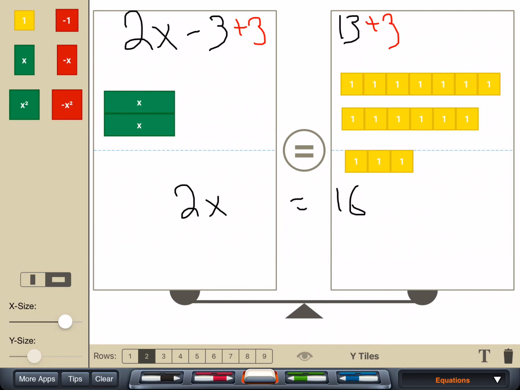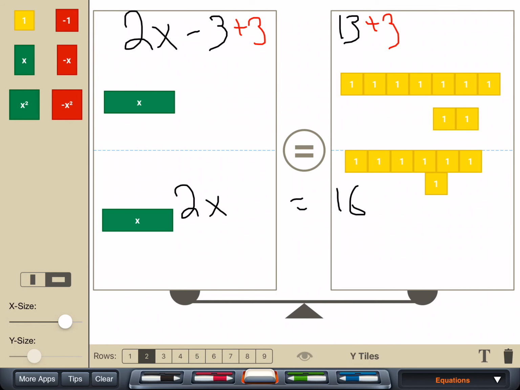So now we're going to divide my 2x into 2 sections, and we're going to divide my 16 into 2 equal sections. 1, 2, 3, 4, 5, 6, 7, 8. There we go. So we've just divided by 2 and divided by 2.